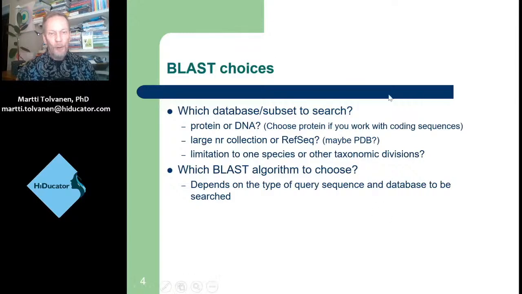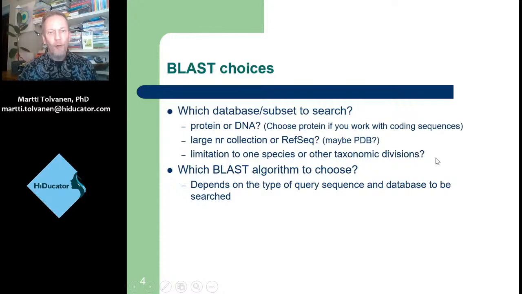Do you want to look for all possible sequences in the so-called non-redundant collection as discussed yesterday, or maybe RefSeq? Or if you're interested in structures, maybe you should be targeting your search into the database of protein sequences extracted from the three-dimensional models in PDB.